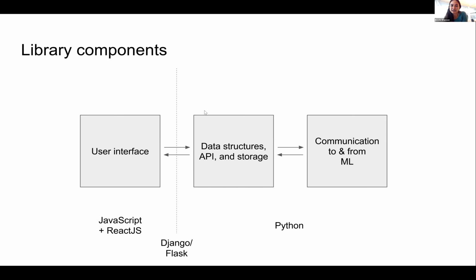And then there's a back-end side of this, which consists of the data structures and the API and the storage for dealing with the actual types of data that this user interface is making available. And then there's another layer of communicating to and from the machine learning. So both saving your data or transferring your data to the machine learning, the training, as well as to do inference.